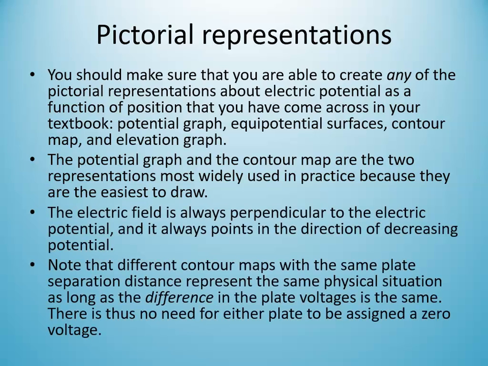So, keeping in mind that the electric field is always perpendicular to the electric potential. In other words, the electric field is telling you the direction in which the electric potential is most rapidly decreasing. That means that lines of constant potential are always going to be perpendicular to electric field lines.